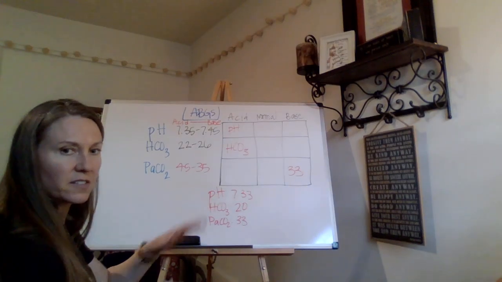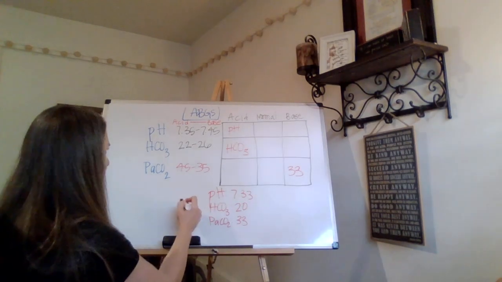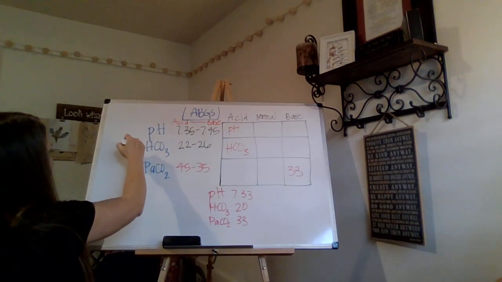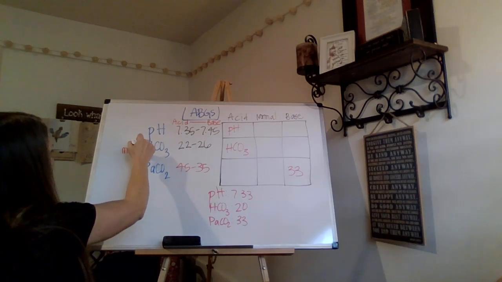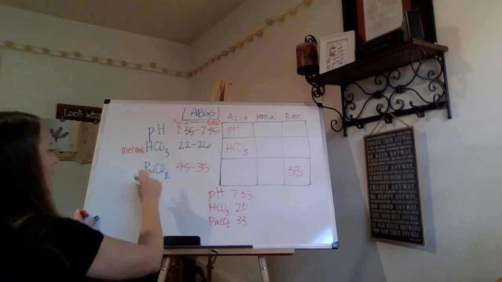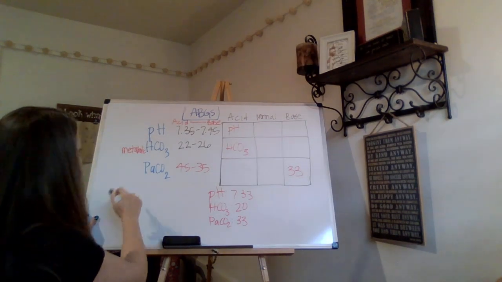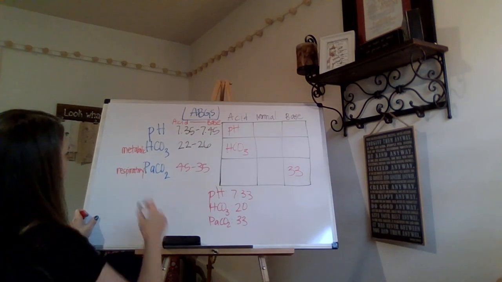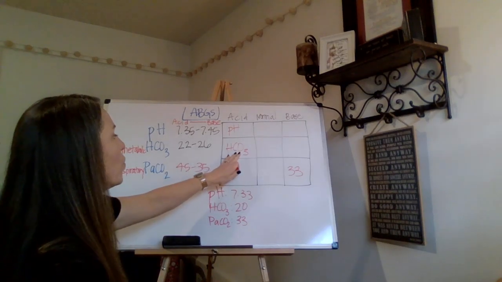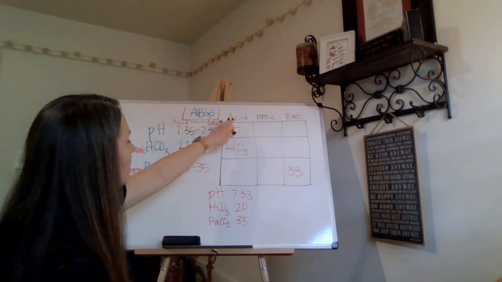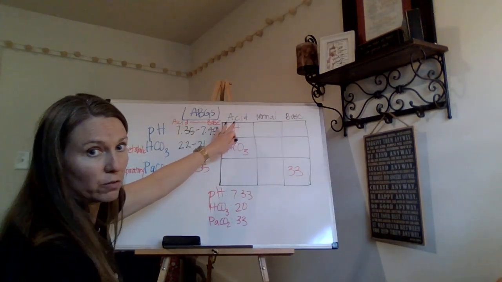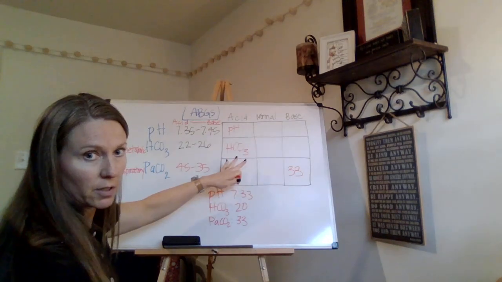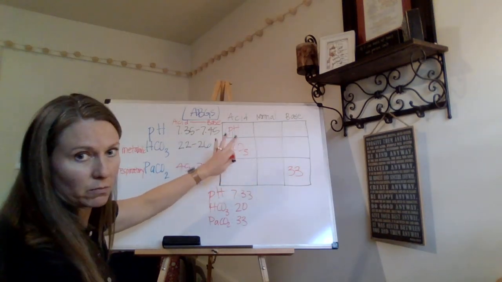HCO3 is considered metabolic, and PaCO2 is respiratory. So whatever lines up with the pH in your chart is what names the ABG.